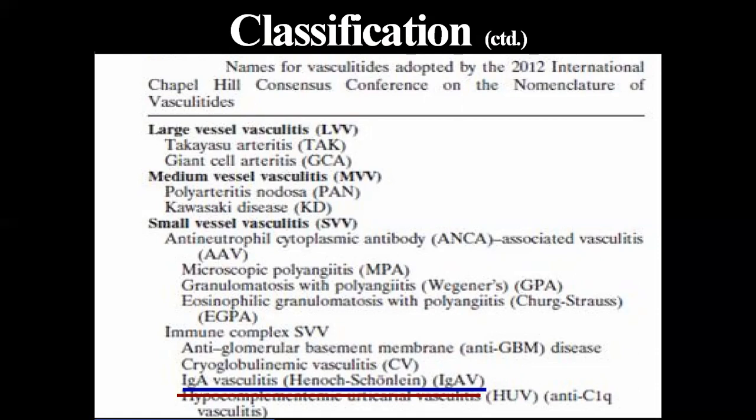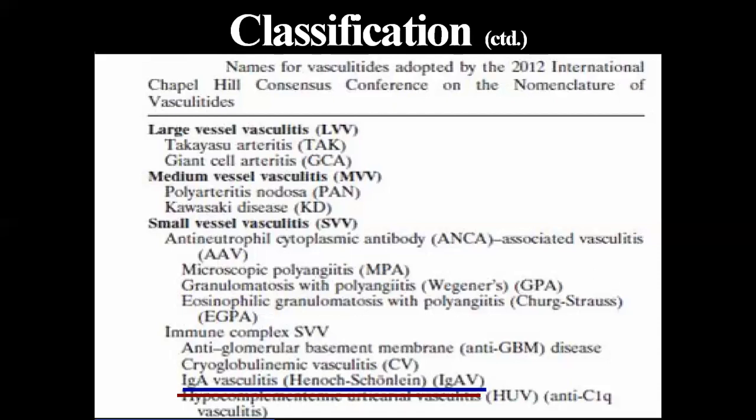Small vessel vasculitis includes anti-neutrophil cytoplasmic antibody associated vasculitis, microscopic polyangiitis, granulomatosis with polyangiitis, which is Wegener's disease, eosinophilic granulomatosis with polyangiitis, that is Churg-Strauss disease, anti-glomerular basement membrane disease, and we also have cryoglobulinemic vasculitis and IgA vasculitis, which is Henoch-Schonlein vasculitis.